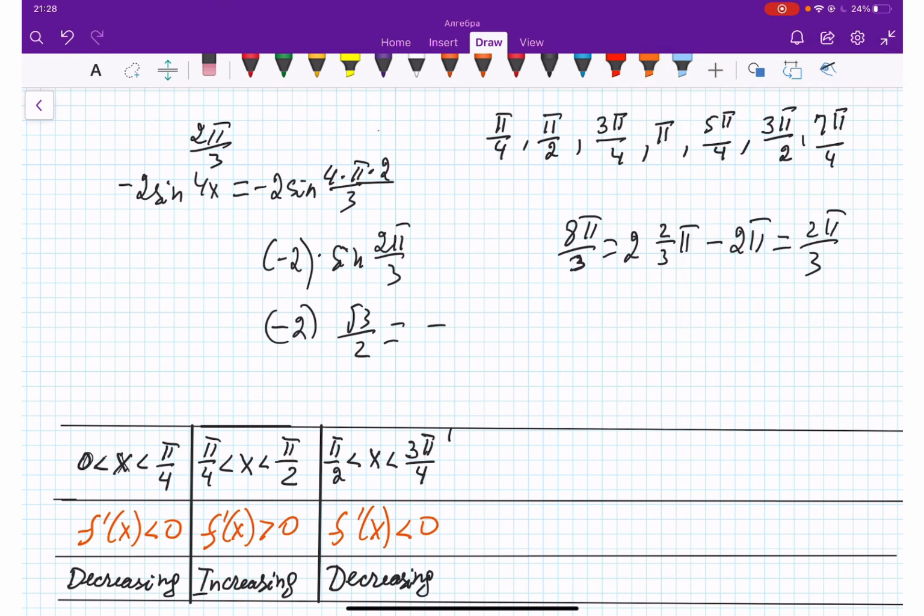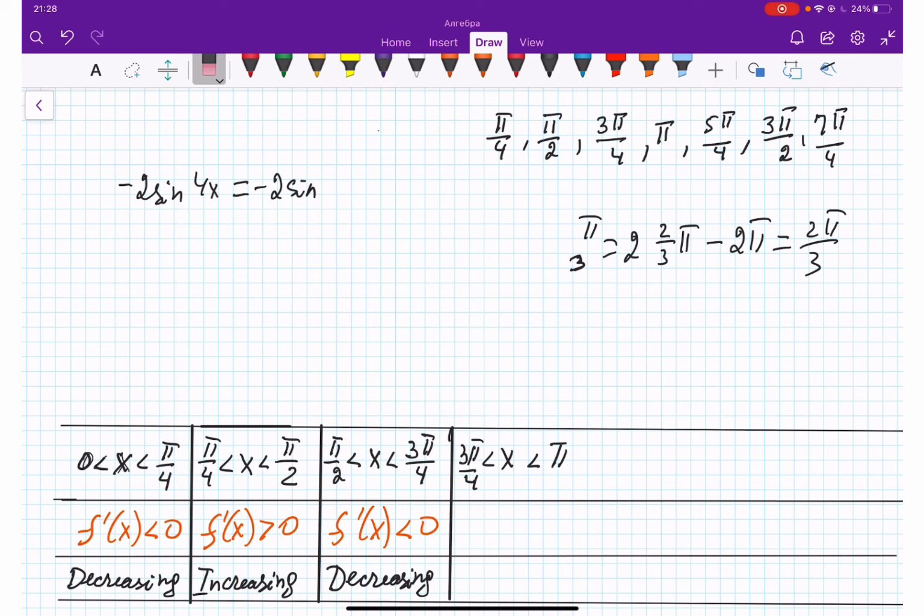I will do one more and the rest I'll just fill out in the table. So I'm taking x between 3/4 of pi and less than pi. So what are we going to take this time? Let me clean this. Drafting.